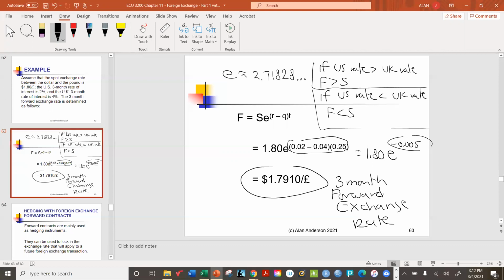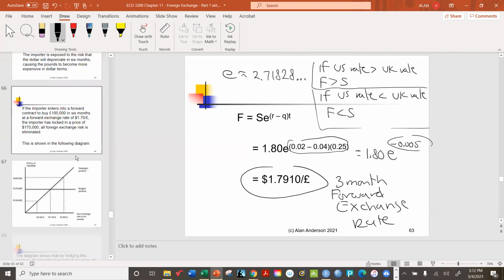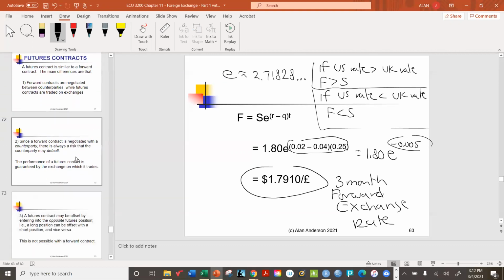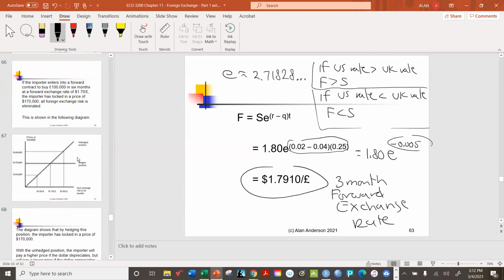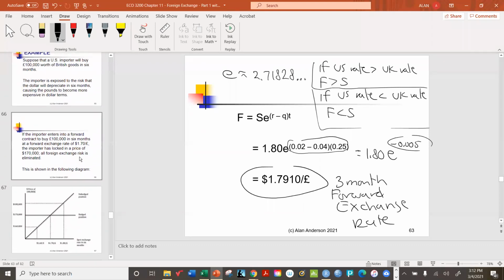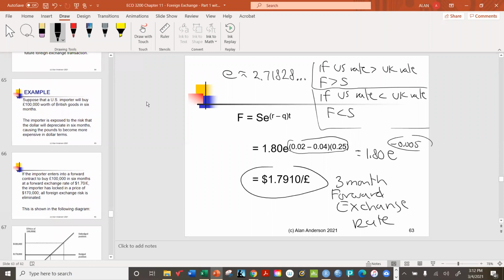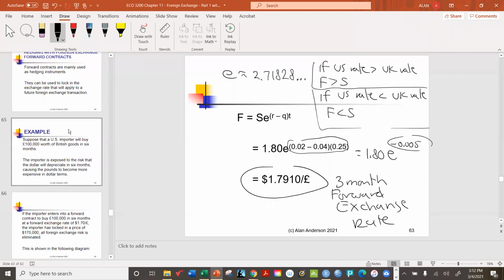Now, the reasoning behind this is actually quite involved. I don't know if we have time to get too deeply involved with this. Maybe later on we'll come back to it. But the actual logic behind this relationship is fairly complicated. Essentially, what it comes down to is, you in principle could borrow in one country and convert it into another currency and lend it out in that second country.